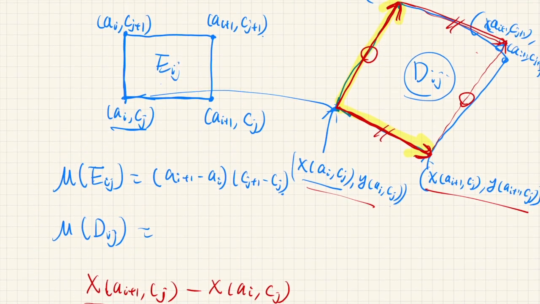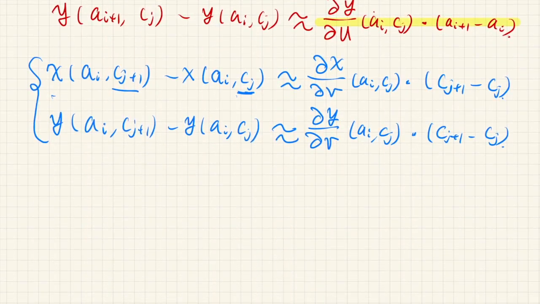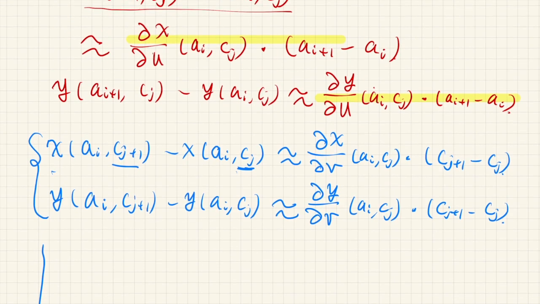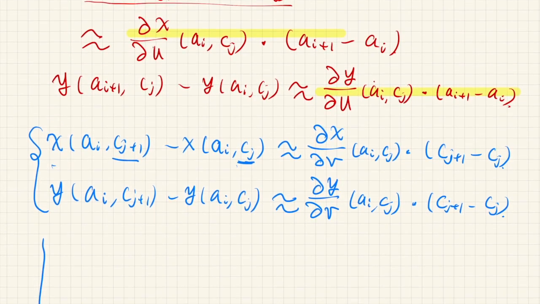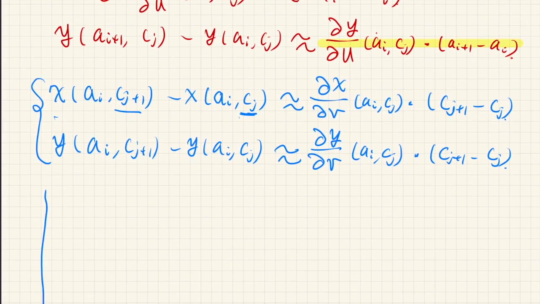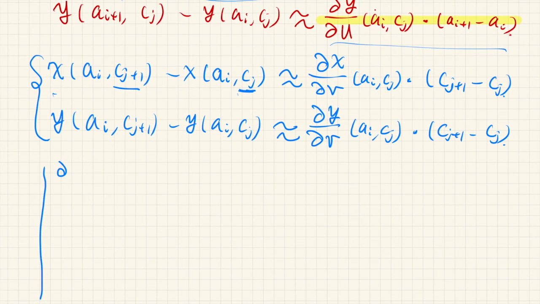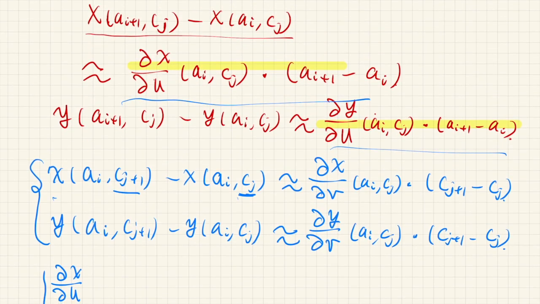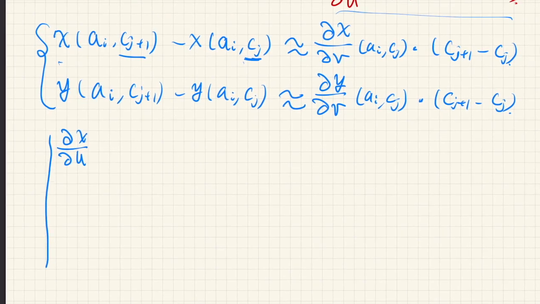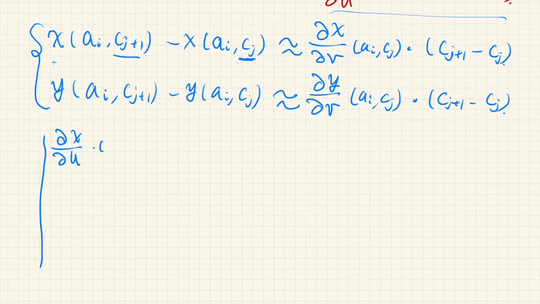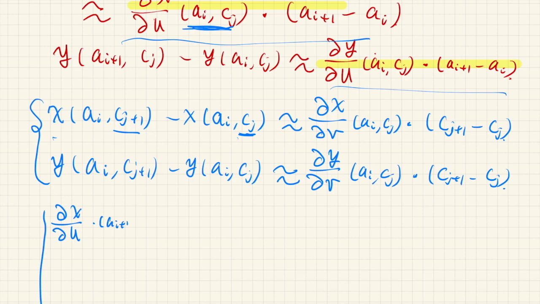So the area of this parallelogram can be computed as we have learned in linear algebra. This can be computed as the determinant of a matrix made by these two vectors. So the first row should be this and this. So that is dx/du, dy/du, times ai+1 minus ai. I will just omit this argument.